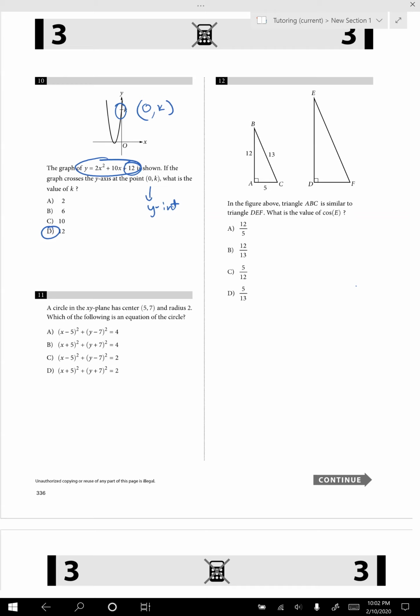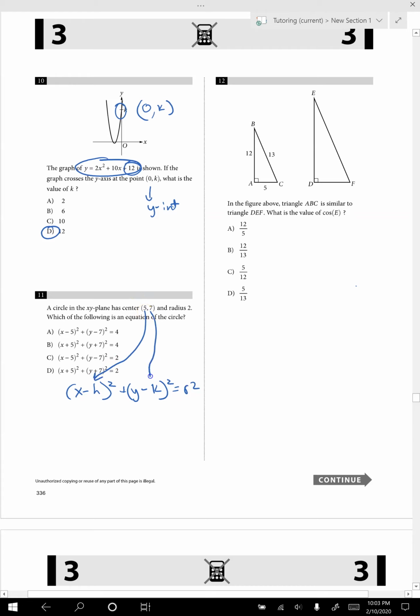Number 11. A circle in the xy-plane has a center of (5, 7) and a radius of 2. Which of the following is the equation of the circle? Well, let's write the general form of a circle and then match things as we go. This is the x-coordinate of the center, which goes in for h.